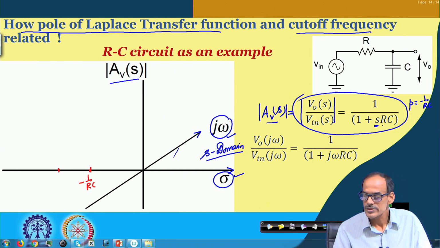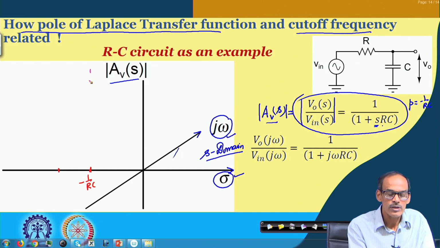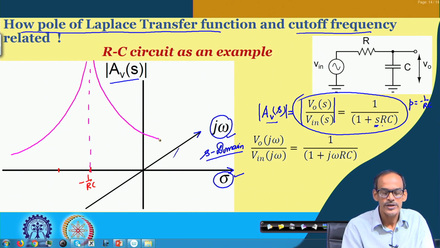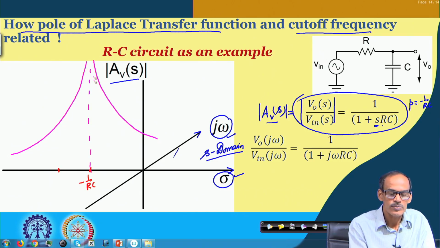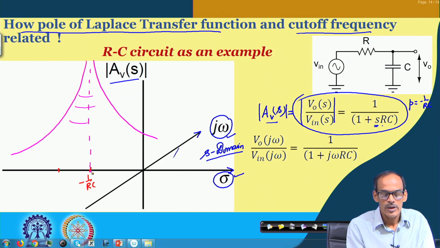If we sketch this plot, the surface will go to infinity at this point. This surface is more like a tent, and at this frequency the tent goes to infinity. Imagine that this is a 3-dimensional plot, and the location of the pole is here.